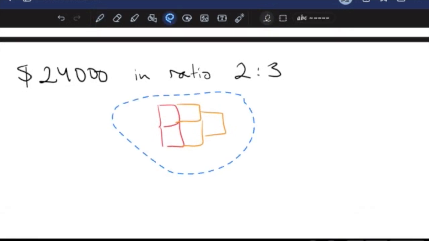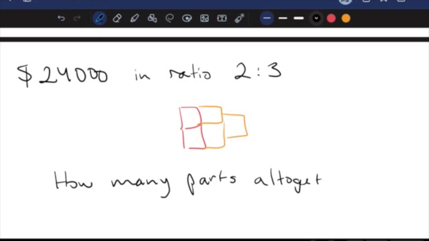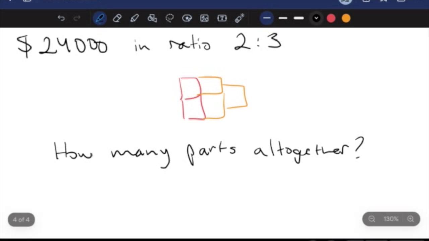So we want to think, how many parts in total? This is what we actually want to divide by in order to split this up in a ratio. So how many parts all together? We can count: 1, 2, 3, 4, 5 parts all together.